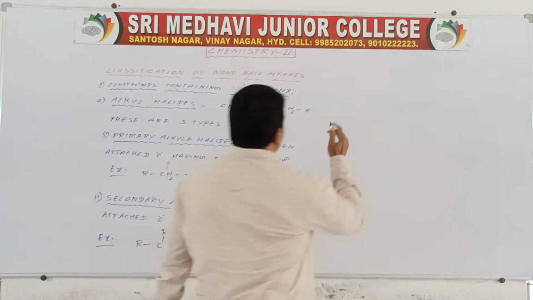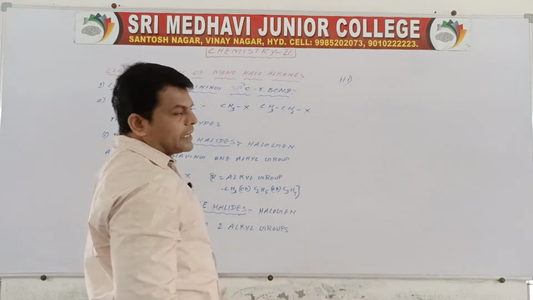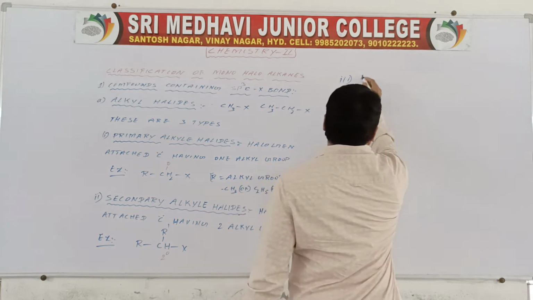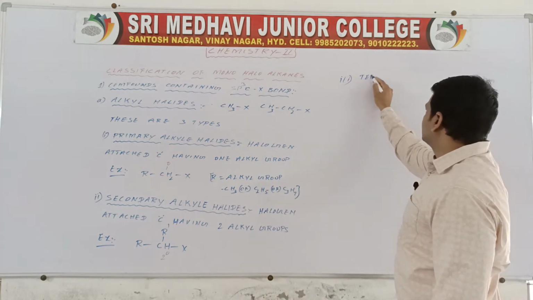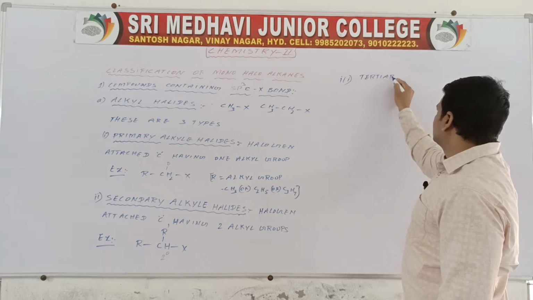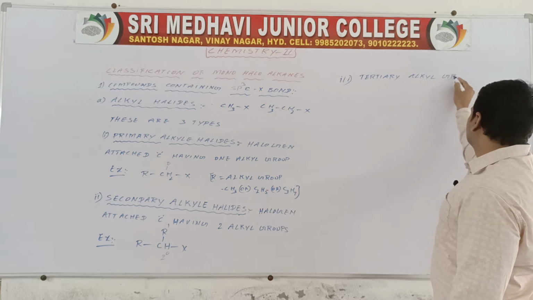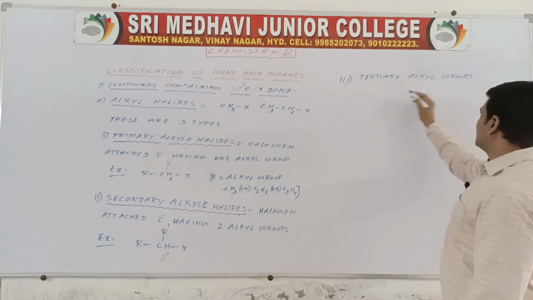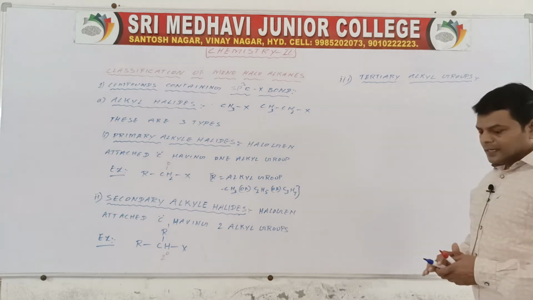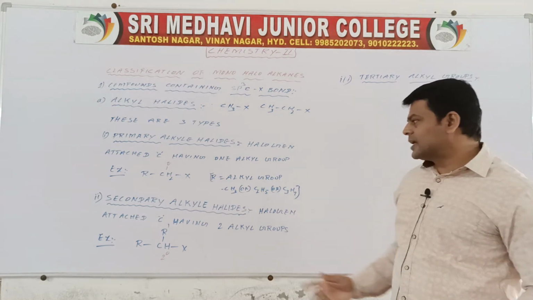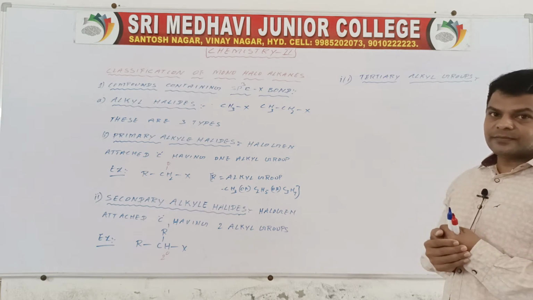Next, the third one is tertiary alkyl halides. Tertiary alkyl halides means the halogen-attached carbon having three alkyl groups.